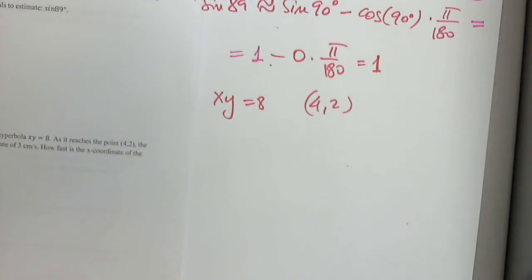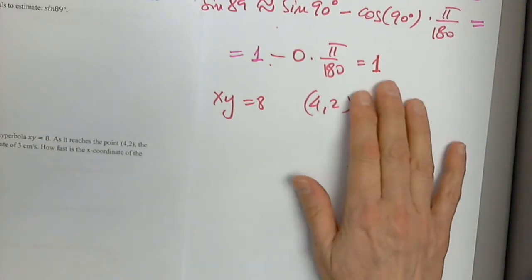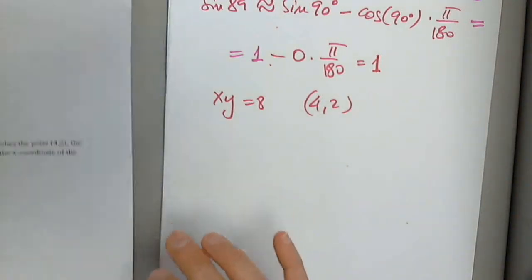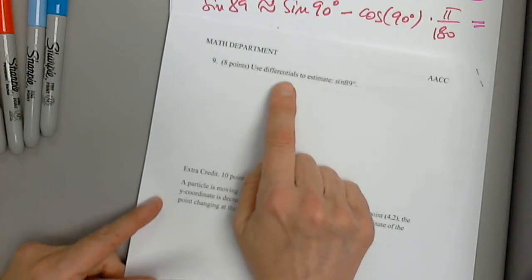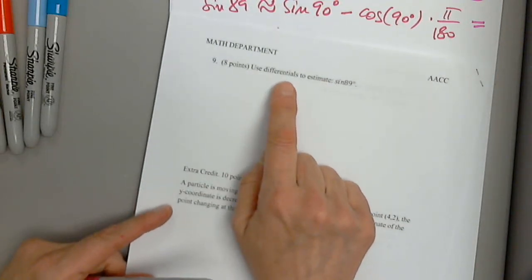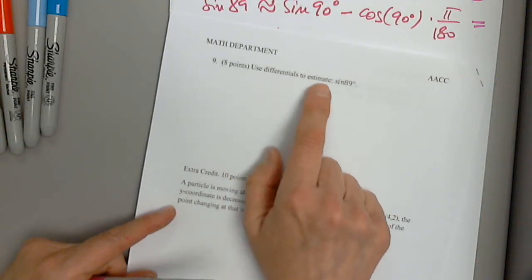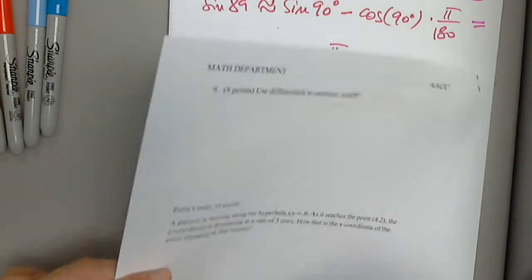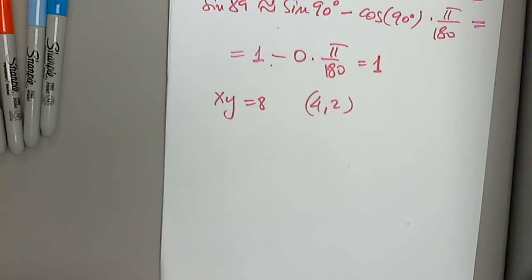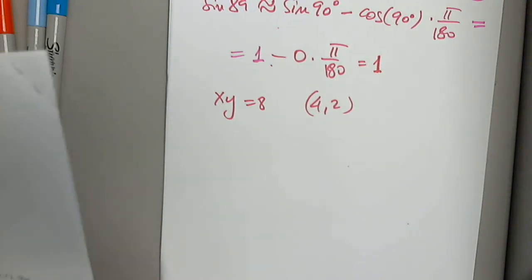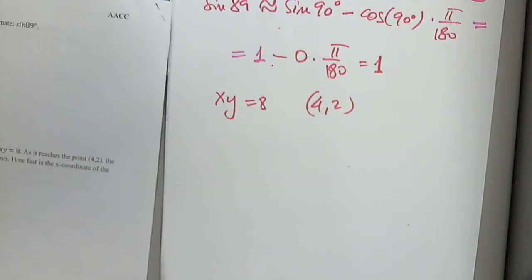So don't leave it as just 1. This is our approximation, that's what we are asked. It says use differentials to estimate. We're not asked to punch it in the graphing calculator and get a number. I just wanted to show how close it is. But of course you should check, just to make sure you're on the right track.